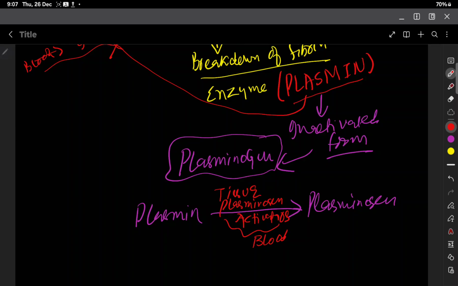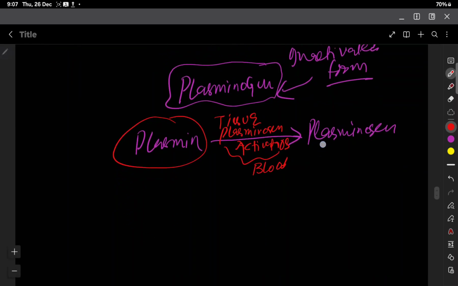And this plasmin is controlled by various things. First is tissue plasminogen activator inhibitors.